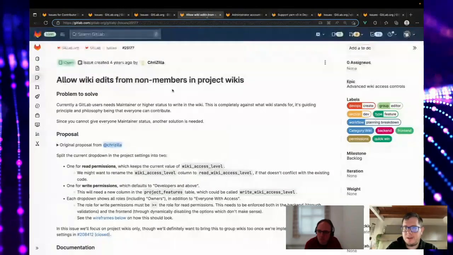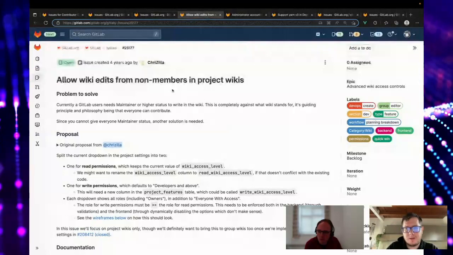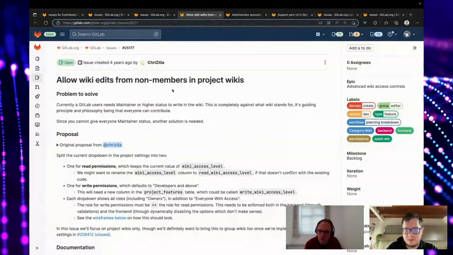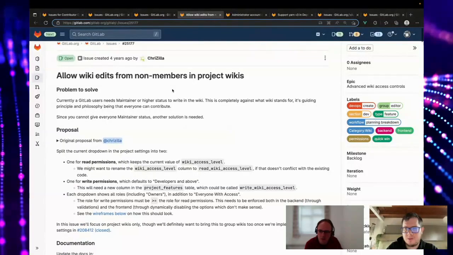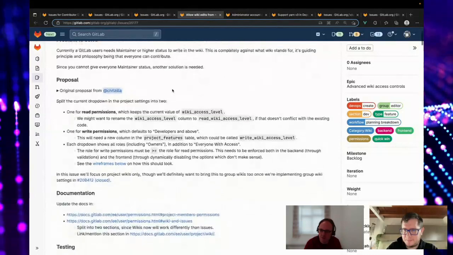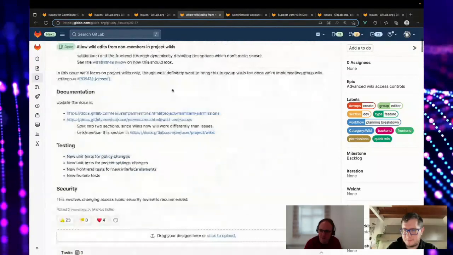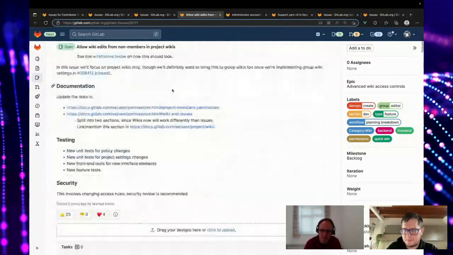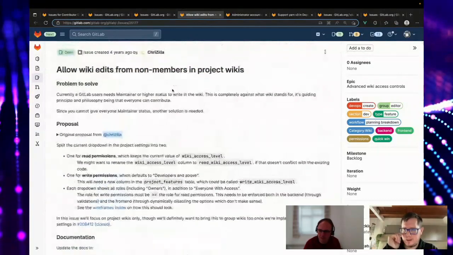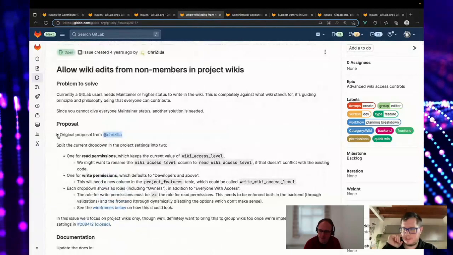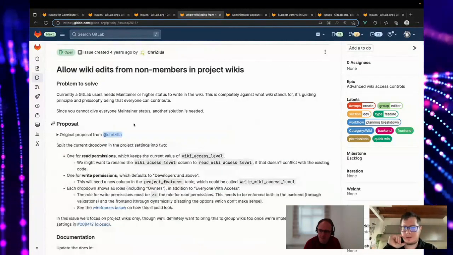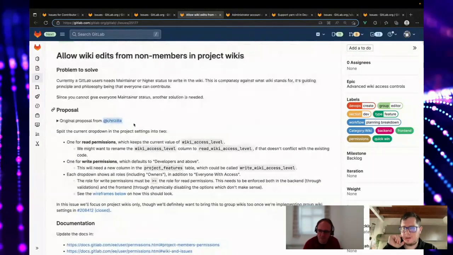So, allow wiki edits from non-members in project wikis. Oh, okay. So, oh, there's also kind of an implementation plan on this. So this could be a good one.